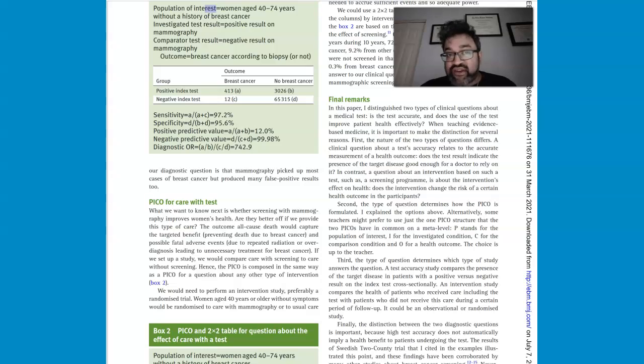We might have a very accurate test. Mammography may be a very accurate test, but is it affecting positively women's health? The second thing is PICO. How can we use PICO? Well, it seems like there's two common types.